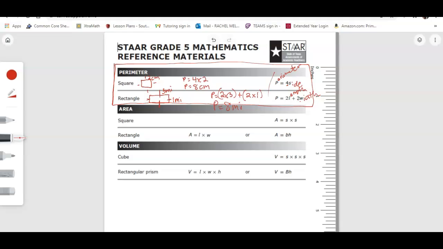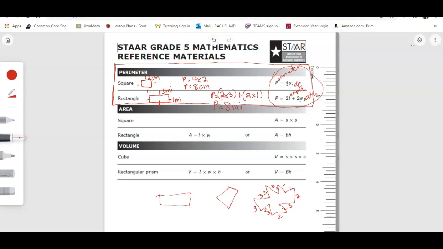Now, if these formulas over here are getting confusing, just remember that the perimeter of a shape, no matter what shape it is, it can be a weird shape like this, and I can still find the perimeter. Perimeter just means the outside of a shape. So I add up whatever the lengths are for all of the pieces that I see here.